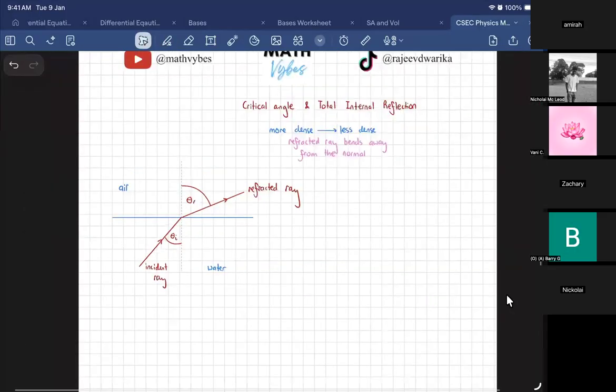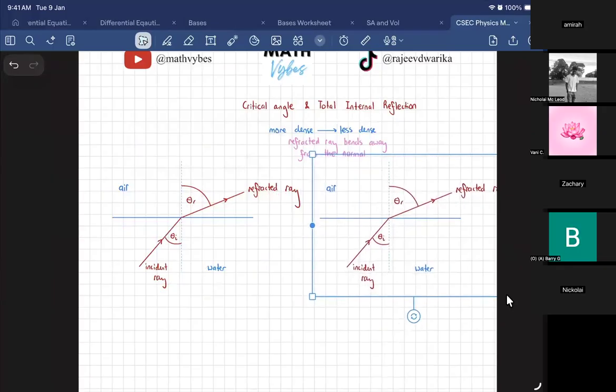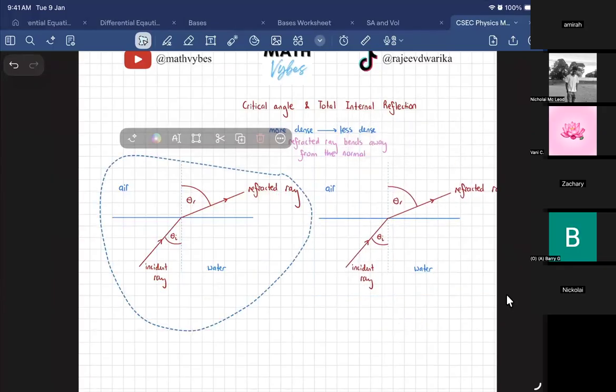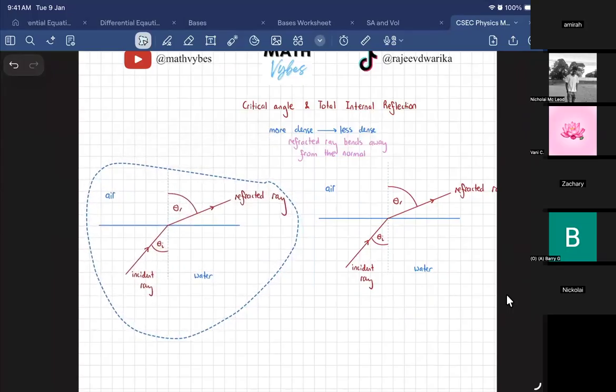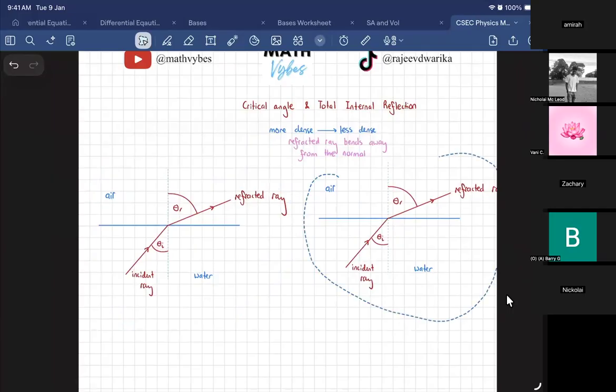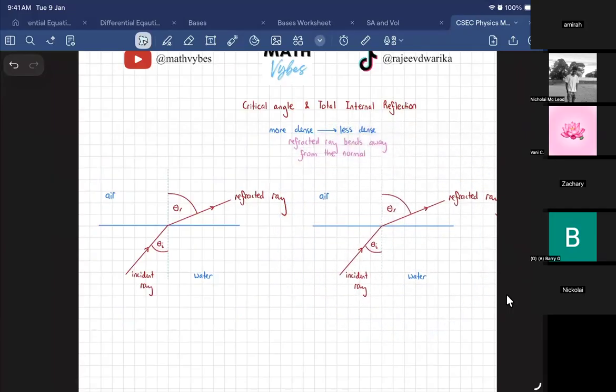Now, Nikolai, here's what we're going to do. We are going to increase the angle of incidence. If I increase the angle of incidence, what do you think is going to happen to the angle of refraction? It will bend more away from the normal. Perfect.